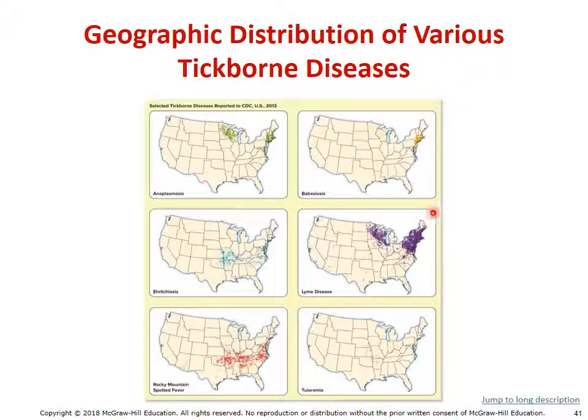Same with Lyme disease. But notice we have huge amounts of centrally located diseases that again are associated with the tick species that we have here, and that is going to be again the dog tick and the Lone Star tick. So ehrlichiosis, Rocky Mountain spotted fever, tularemia, these are real concerns here.